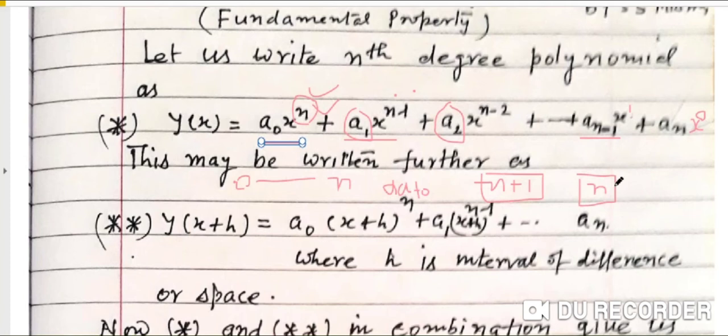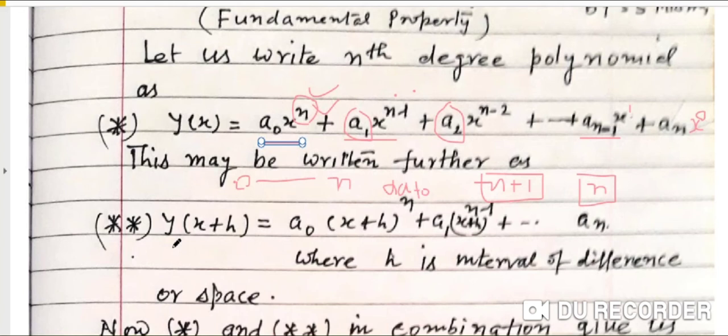So commit the fundamental properties to your memory and permanently transfer them to your subconscious. This is the way of studying subjects like mathematics. So degree is n, data will be n plus 1. This is fundamental information, or a working tip, for us.